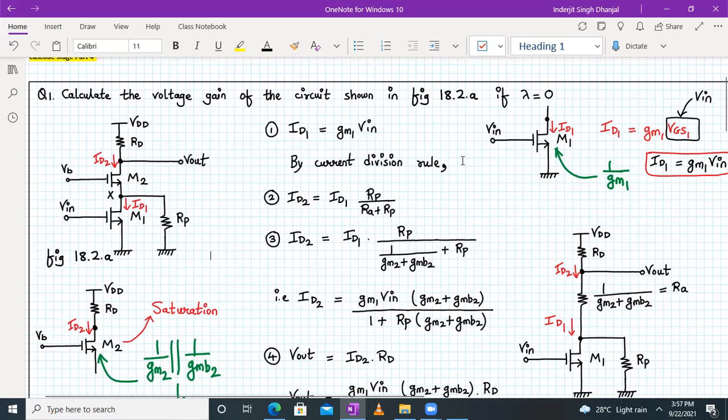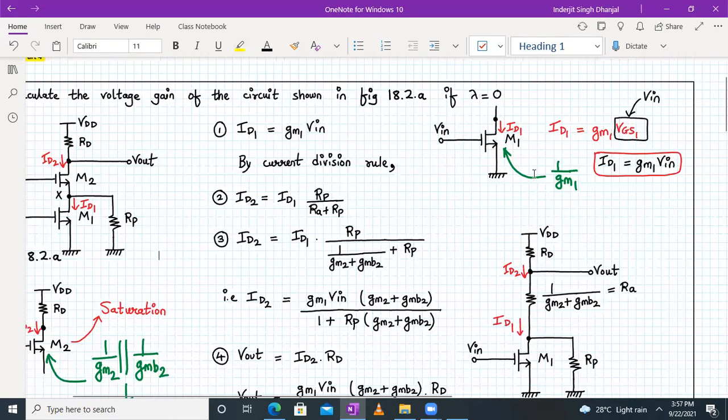So if I isolate the M1 transistor, looking into M1 with the source terminal grounded and V in applied to the gate terminal, the impedance seen will be 1 upon GM1. How? Because the current flowing through M1 is ID1 equal to GM1 into VGS1, correct?